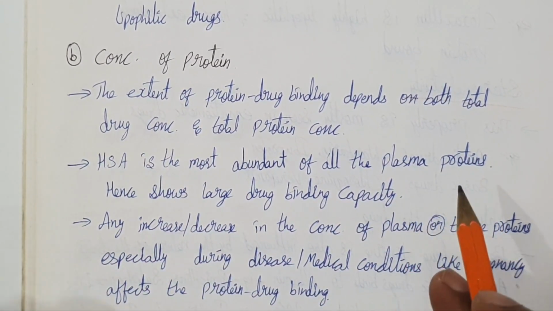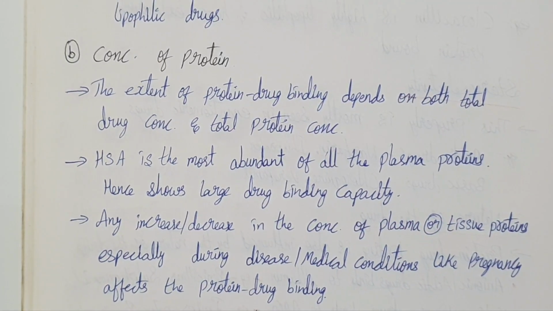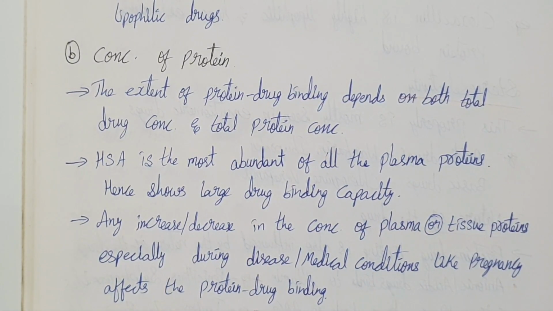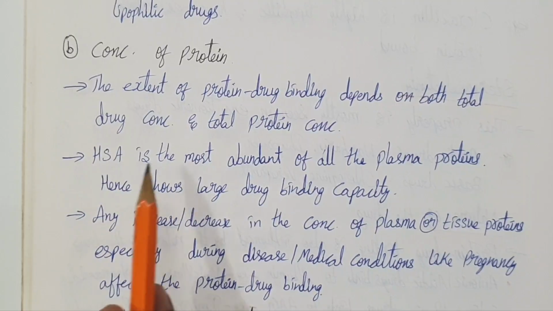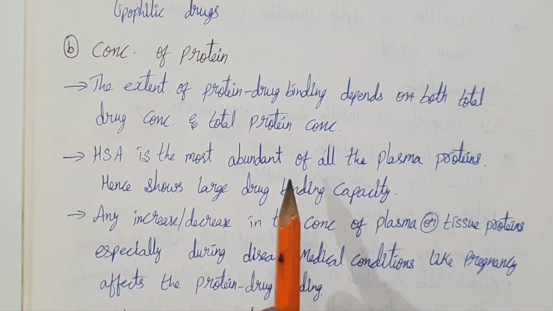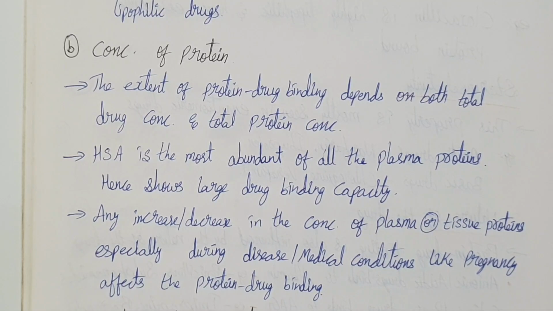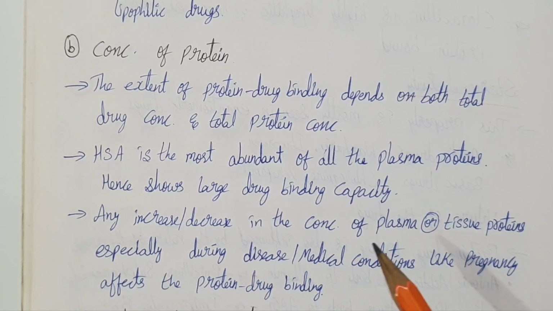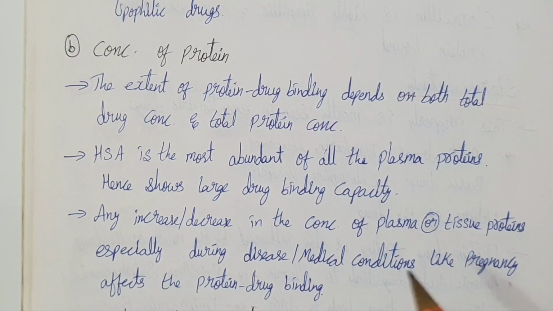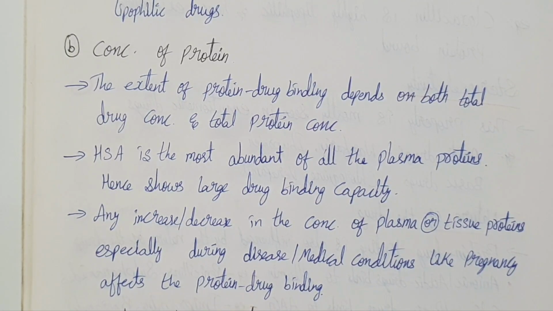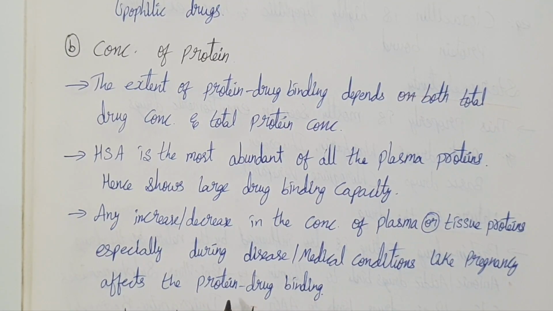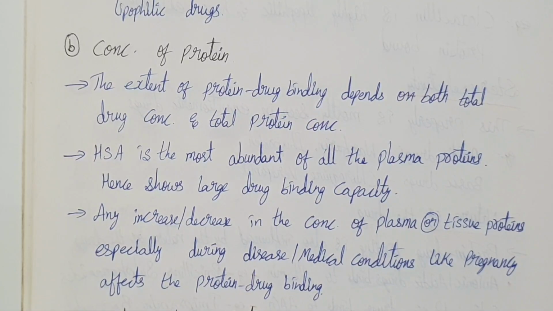The more proteins present, the higher the drug binding. Albumin is the most abundant plasma protein, and binds mainly to acidic drugs. Any increase or decrease in plasma proteins due to diseases or pregnancy will directly affect protein drug binding.